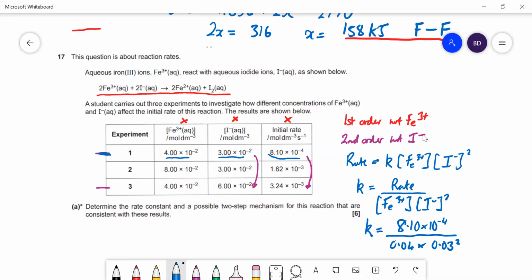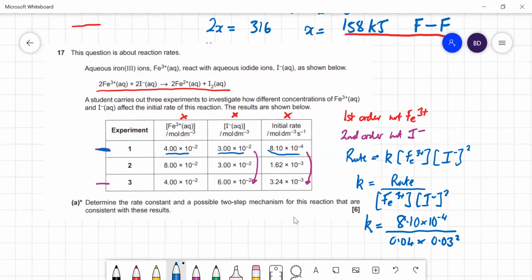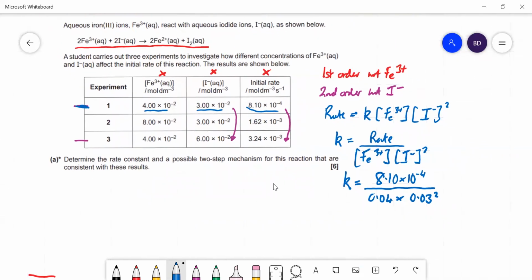Okay, let's put those numbers into the calculator and we'll get a value for k. Okay, that gives us 22.5 to 3 significant figures.